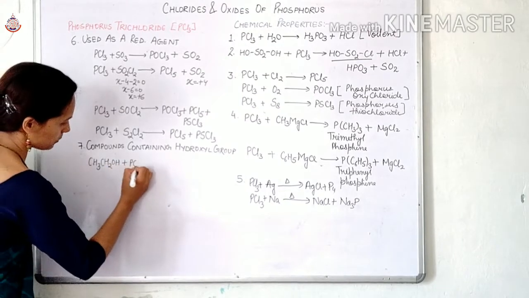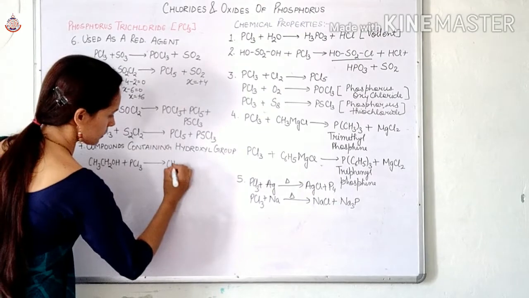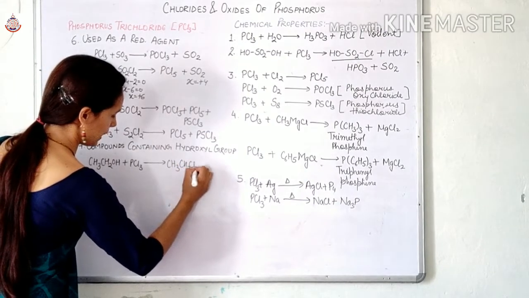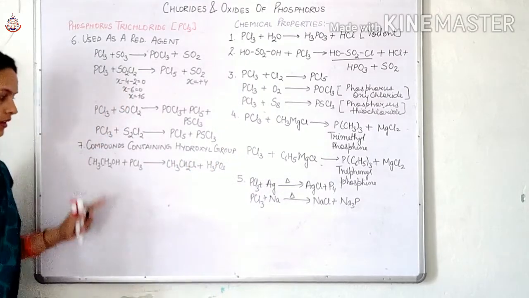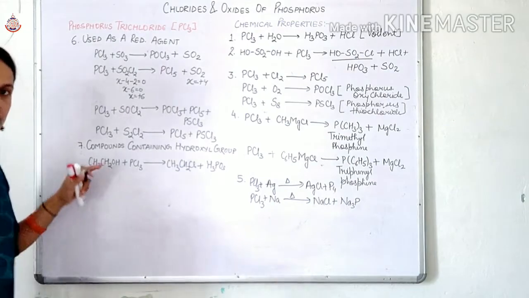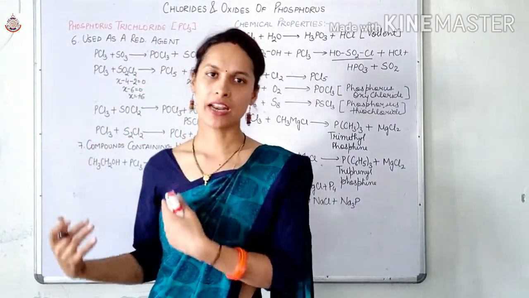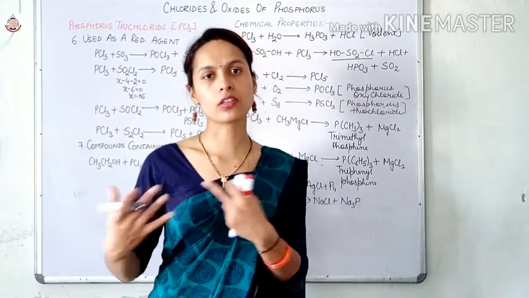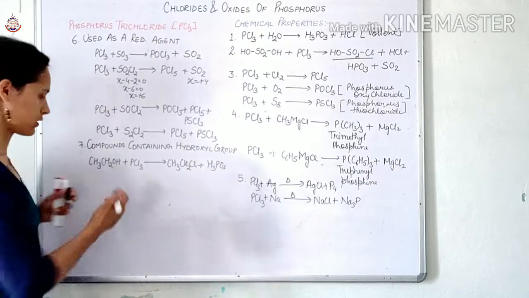When this reacts with PCl3, then it forms CH3CH2Cl plus H3PO3. So OH is replaced by Cl. So it is used to replace the OH group from the hydroxyl group containing compound. That's why it reacts with the compounds containing hydroxyl group.